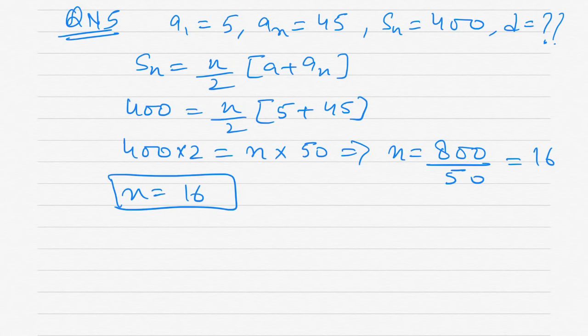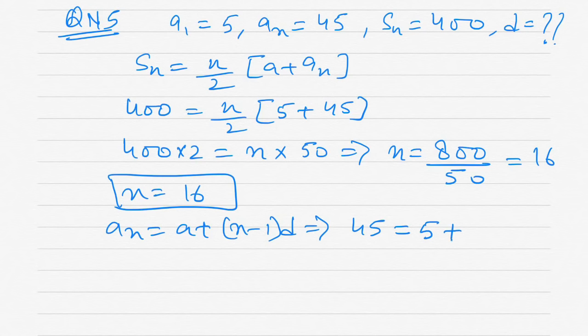Now second, we have to calculate the value of d, the common difference. Now an is equal to a plus n minus 1 into d. Let us put values here. an is 45 is equal to, what is a? a is 5 plus, what is n? n is 16, 16 minus 1 into d. So we have 45 minus 5 is equal to 15d.